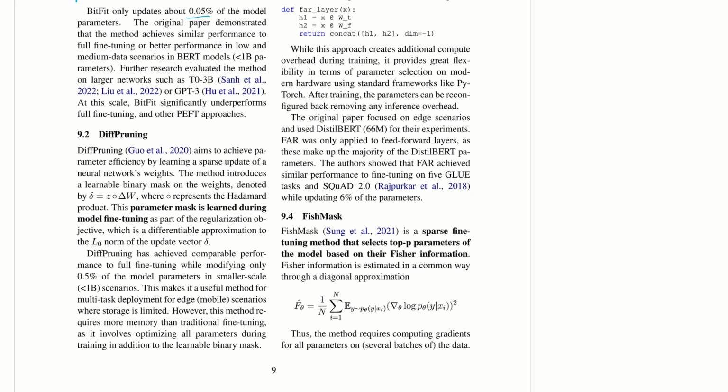So when you have a situation where you have a large model that needs to perform several tasks, you do not need to store one set of parameters for each task.